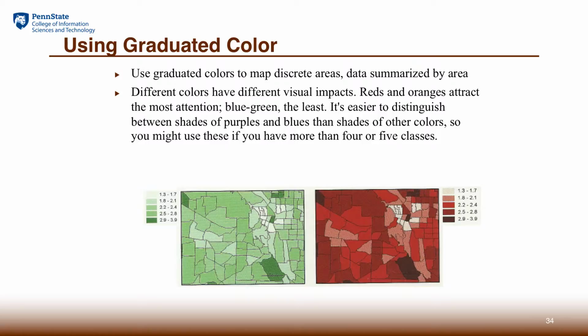For example, red and orange tend to attract more attention and also indicate risk, the things that they need to pay attention to immediately. So if you try to map a high-risk area, you might want to use those warm colors. But if you try to map precipitation, for example, it's probably okay to use some cool colors.